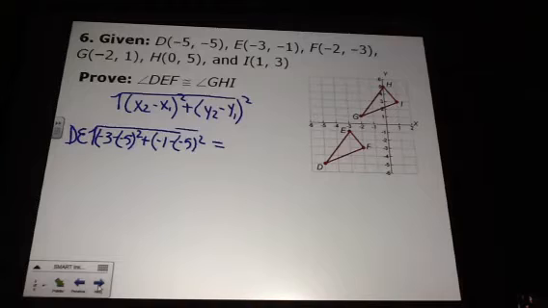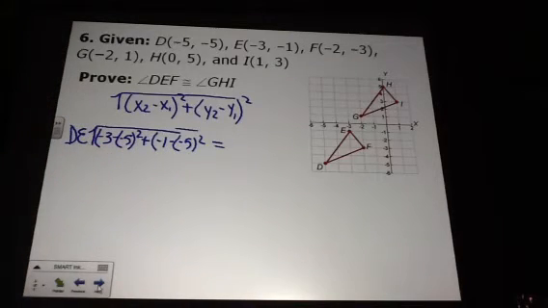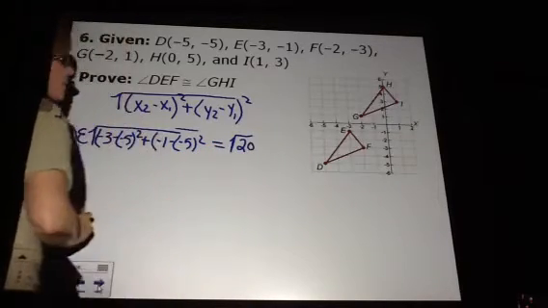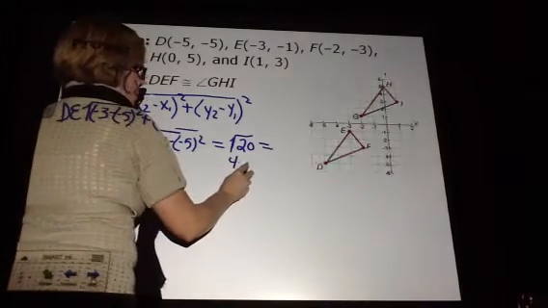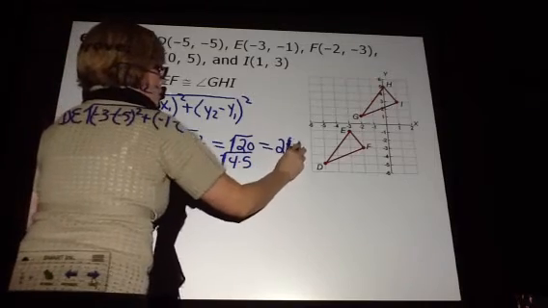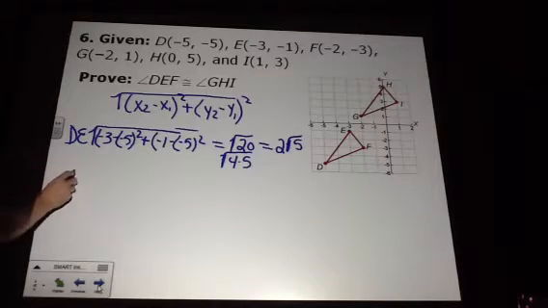When I simplify that, I get the square root of 20, which is actually 4 times 5, so 2 square root 5.